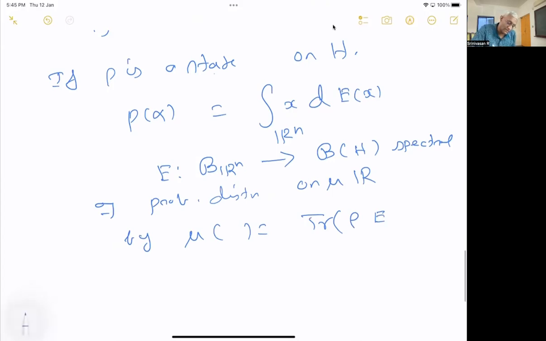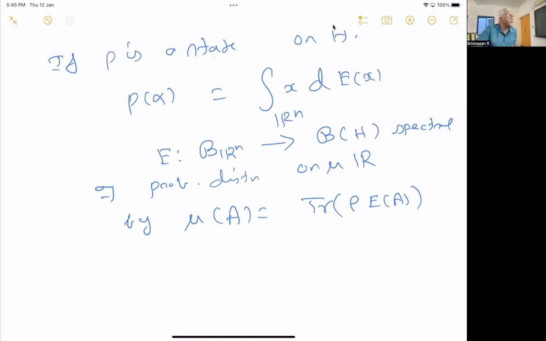E is the spectral measure now, so I should use A. E of A is a projection, so trace of rho E of A is mu of A. And since that is the spectral measure, and since the trace of rho is 1, it will be a probability measure. This gives a probability measure on the real line. Okay. So this is what we call the probability distribution of this random variable P alpha.